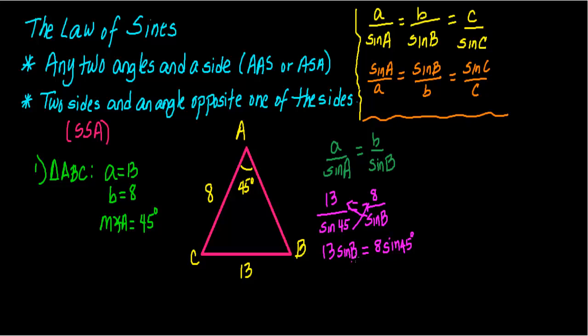Now I have to isolate sine of B. That means I divide by 13 on both sides. This cancels out. So sine of B equals 8 times the sine of 45 divided by 13.